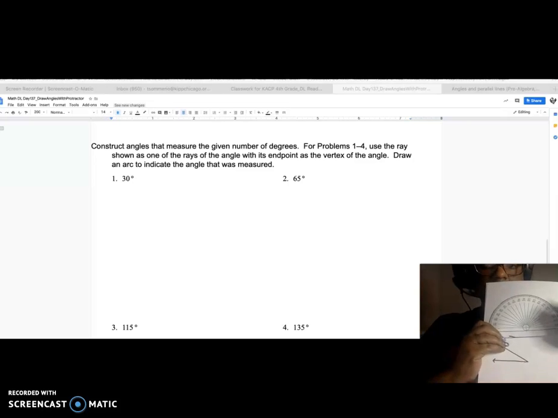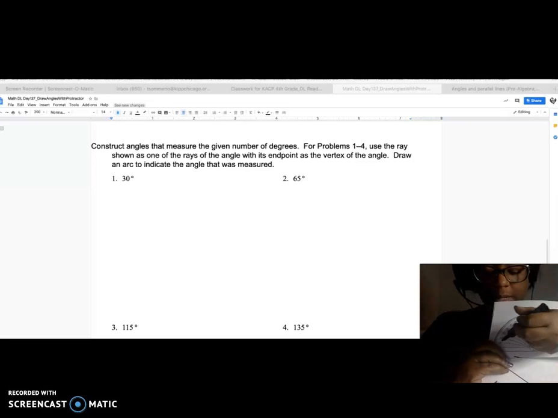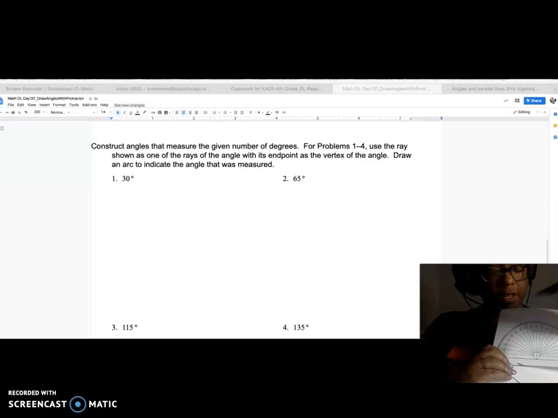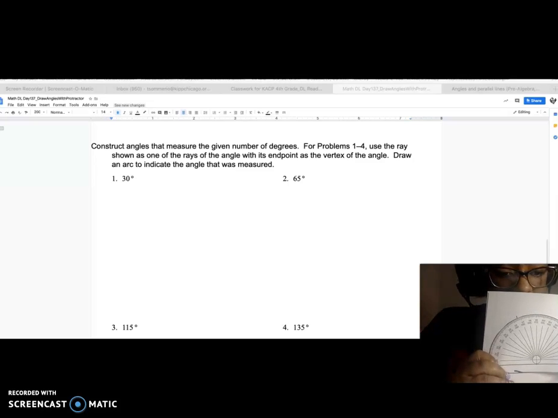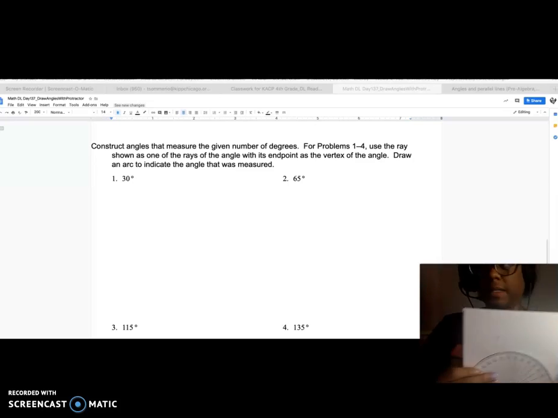So when I count out to 65, I go 10, 20, 30, 40, 50, 60, and then right in the middle, 1, 2, 3, 4, 5 is 65. So that's the marker that I'm making to create my 65-degree angle from my base.